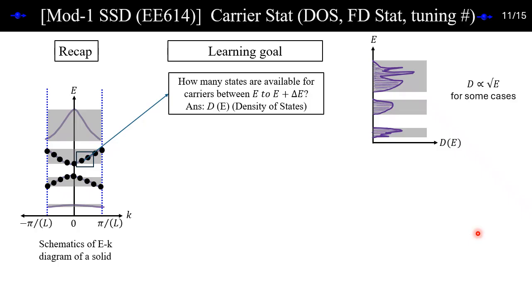Why? Because where electrons will reside depends on the density of states, right? It is like chairs. These chairs are the density of states, and you guys are electrons. So how many electrons, meaning students, are present? How do you find that? There is a probability.